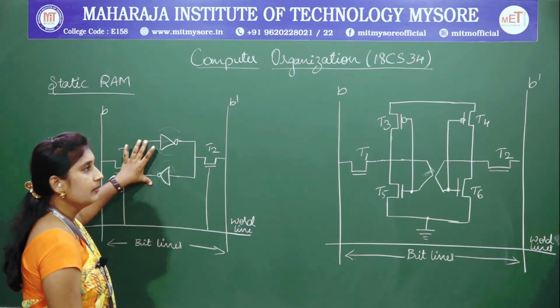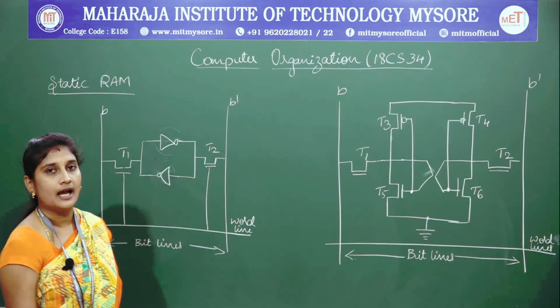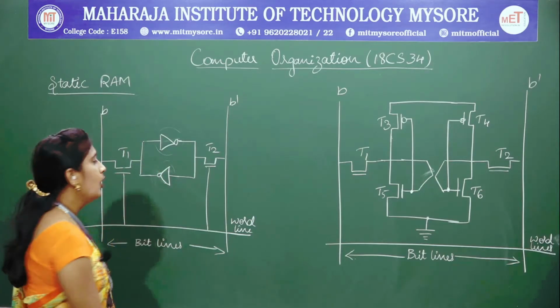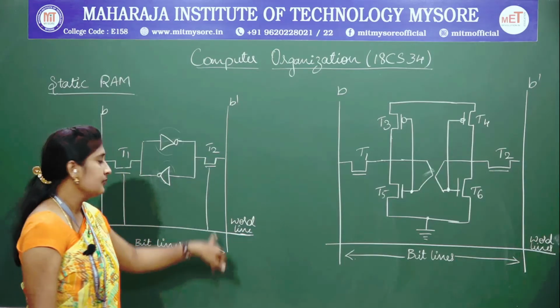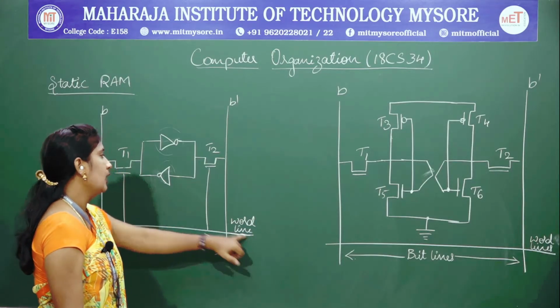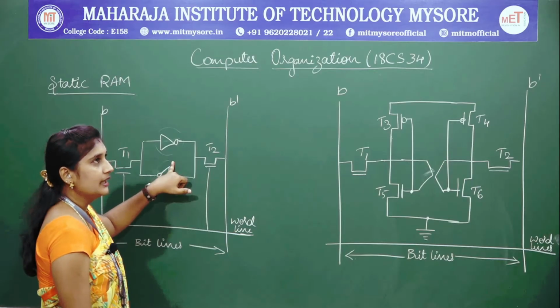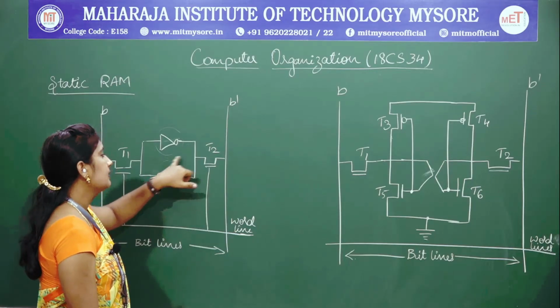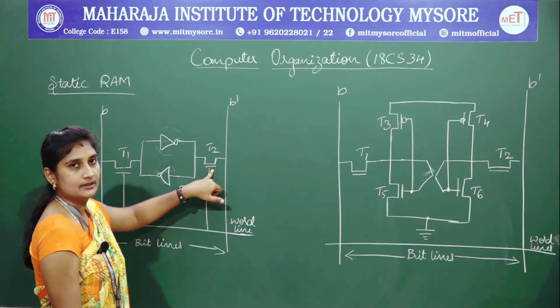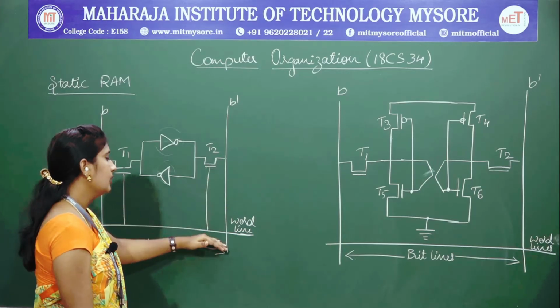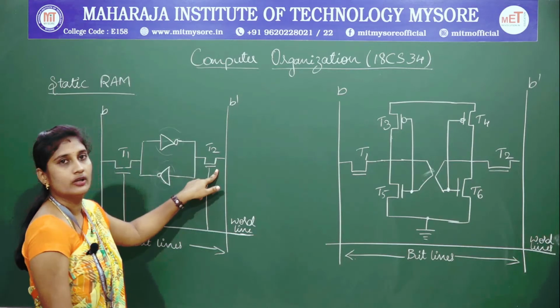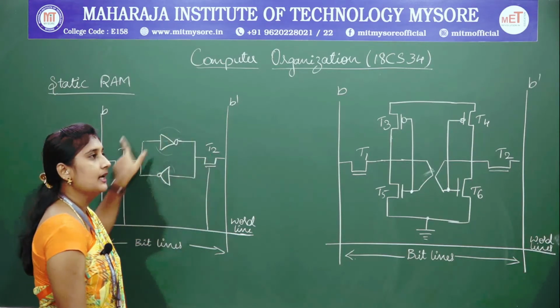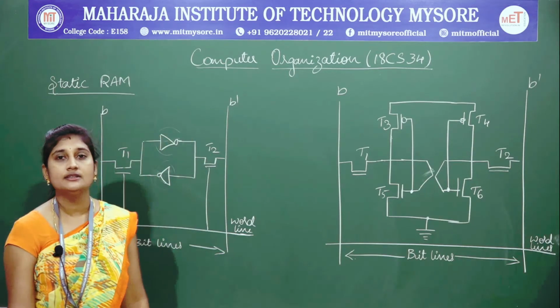The latch retains its state when the word line is at ground level. When the word line is at ground level, the transistors T1 and T2 are turned off and the latch retains its state.